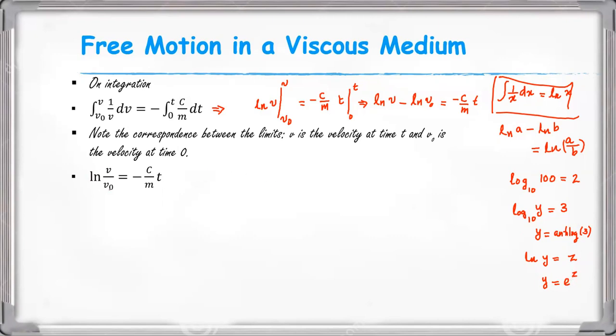So here in this case also, to obtain v by v0, we have to take the exponential on both sides. Then taking exponential on this side, we will get v by v0 equal to exponent of minus c by m into t. Okay.